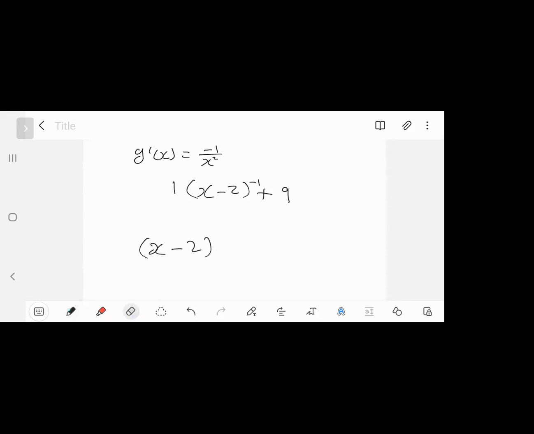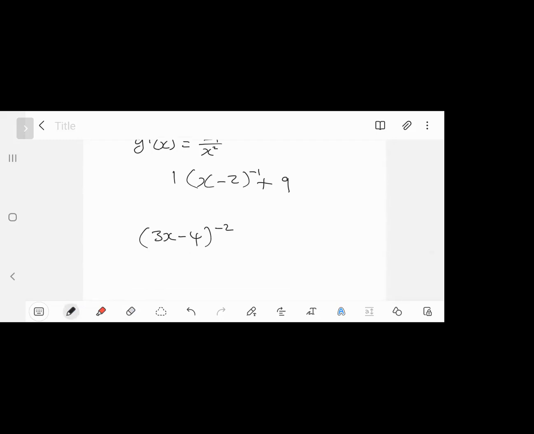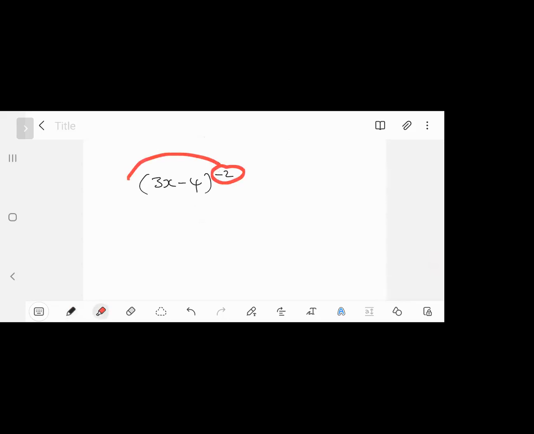So if I had -2 here, this is how I'll derive it. Let's say inside the bracket you have 3x minus 4. I'm going to teach you how to derive this kind. You multiply this exponent by the coefficient, so it's going to be -2 (3x minus 4). Then you apply the rule of derivative, -2 minus 1, which gives -3.